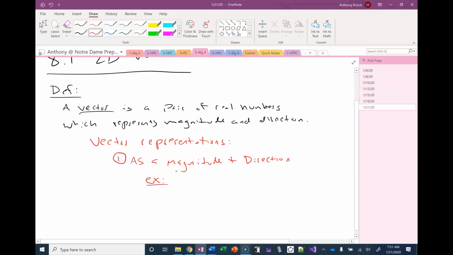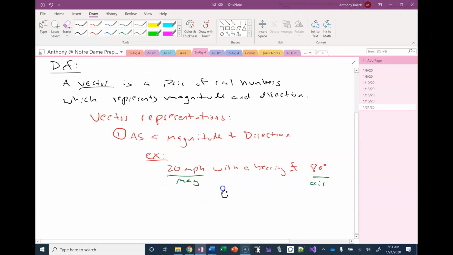For example, we did some vector problems in first semester. So if I have a 20 mile per hour wind with a bearing of like 80 degrees, this is like my magnitude, that's like my direction, but that's a description of a vector just as a magnitude and a direction.